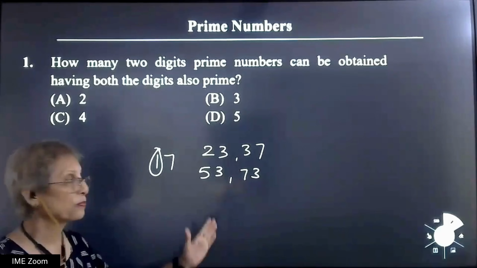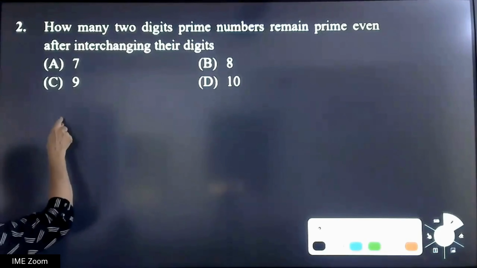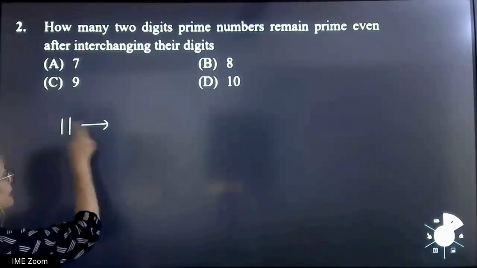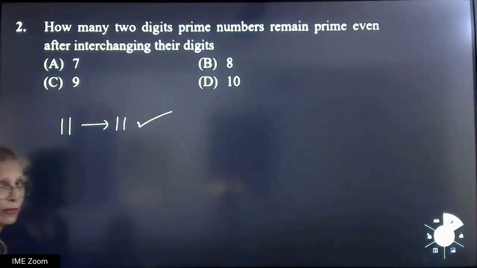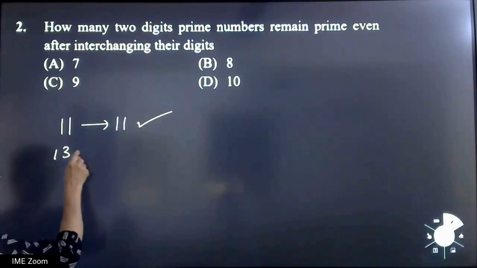How many 2-digit prime numbers remain prime even after interchanging the digits? So what we have to see is whether they remain prime after interchanging. We'll start with the first 2-digit prime, that is 11. If I interchange its digits, it will remain 11. So yes, this is one number. Then next comes 13.